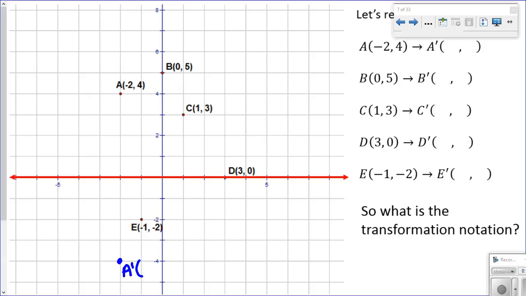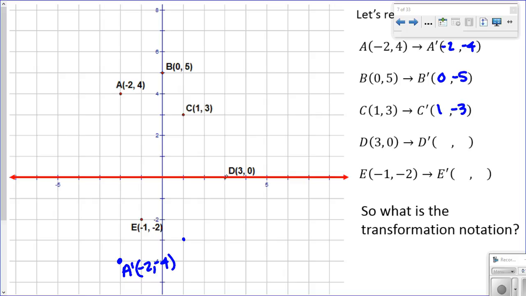So A prime is at -2, -4. B is 5 above, so then B prime would be 5 below, which would be at 0, -5. C is 3 above, so C prime would be 3 below right here. So that's at 1, -3.